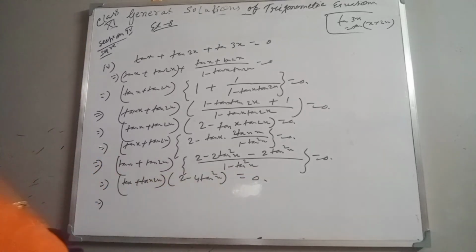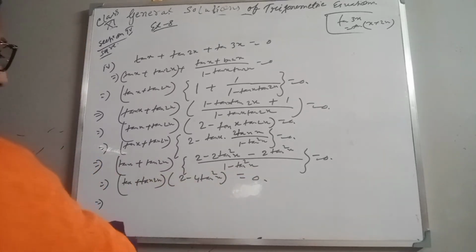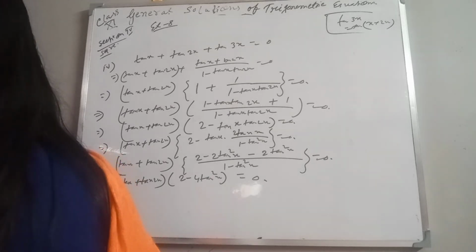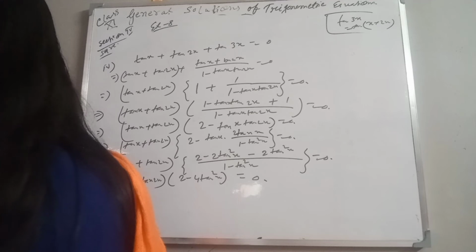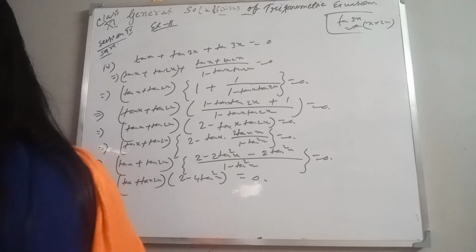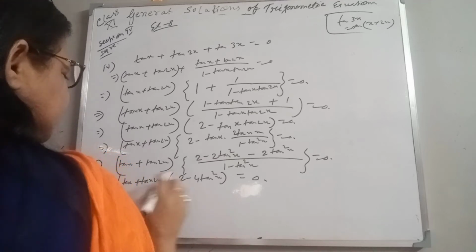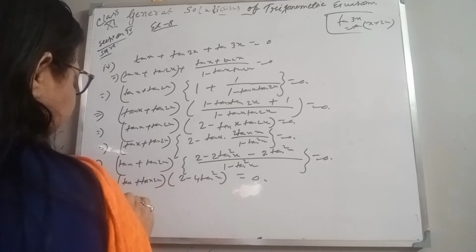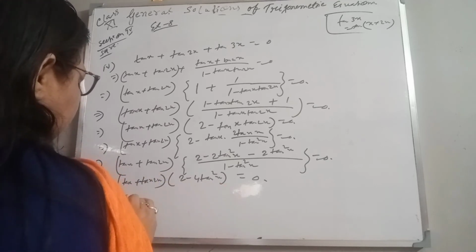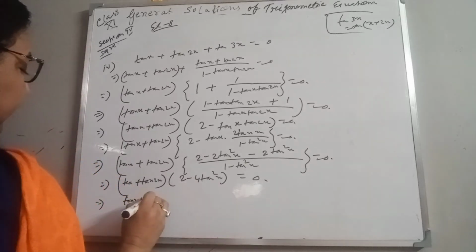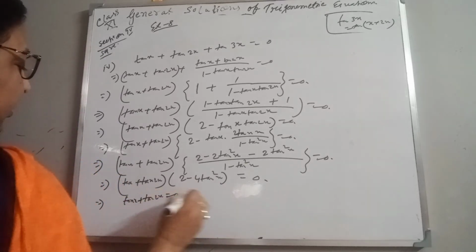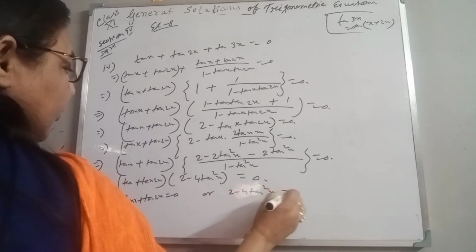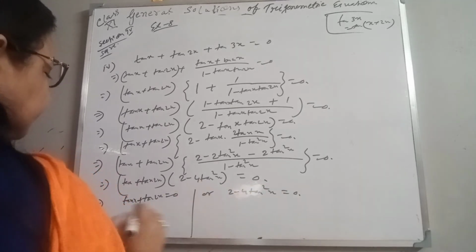Now if you take common 2, so it is coming 1 minus 2 tan square x. No need to do, either this part equals to 0 or this part equal to 0. Therefore we can write tan x plus tan 2x equal to 0, or 2 minus 4 tan square x equals to 0.